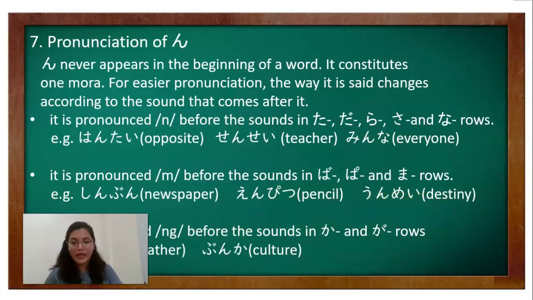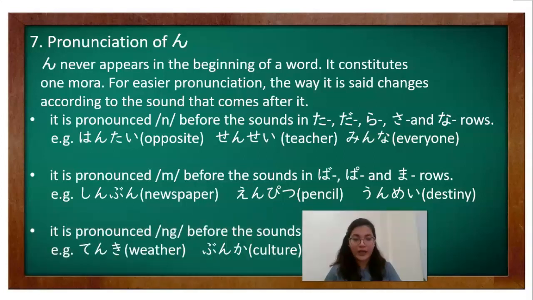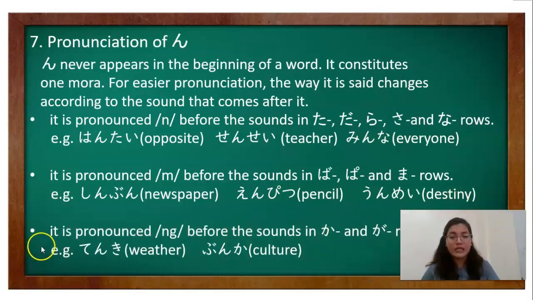Okay? And here's the last rule for the N sound. It is pronounced ng before the sounds in the ka and ga rows. For example, tenki.